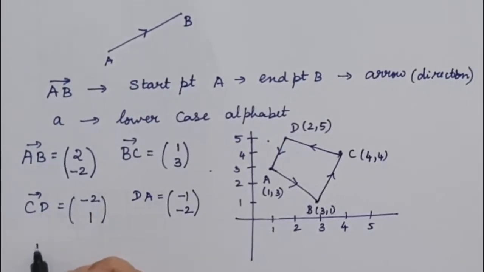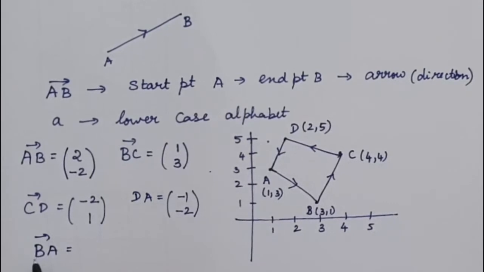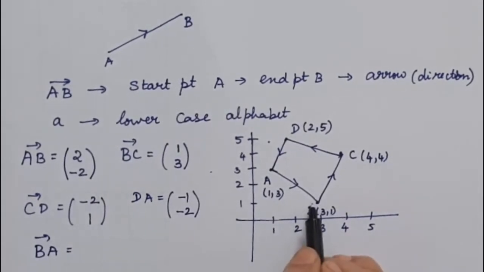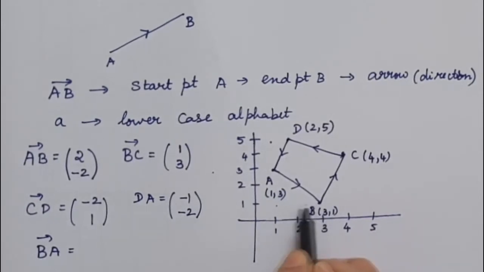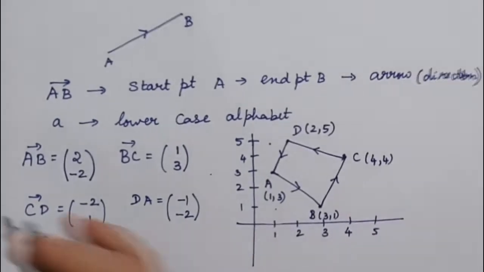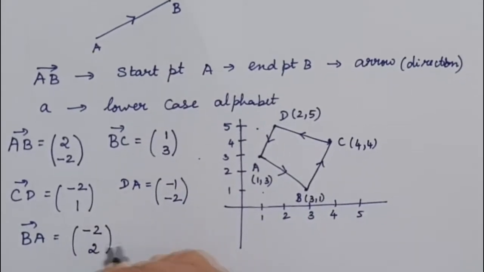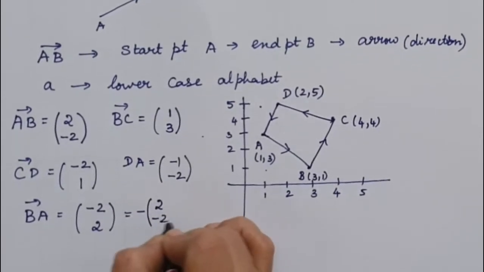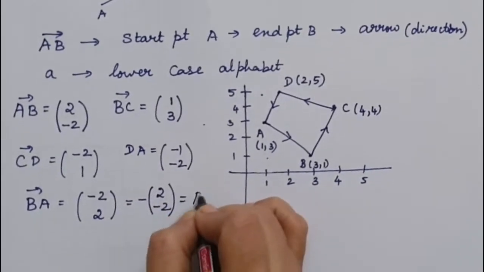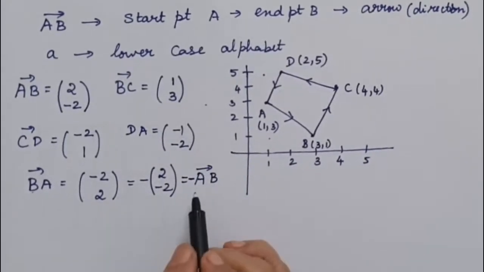Now if you need to find BA. Now our starting point is B and our end point is A. From B to A, we move in the negative direction, that is to the left, and we move up. So it will be (-2, 2). If I take a negative sign outside, it comes as (2, -2), which is equal to AB.